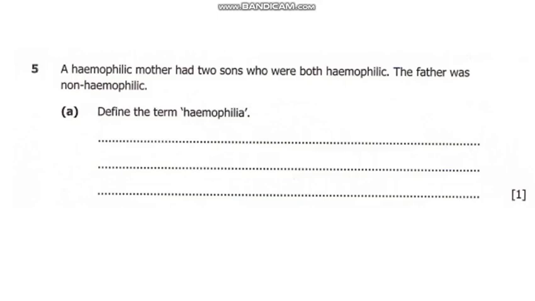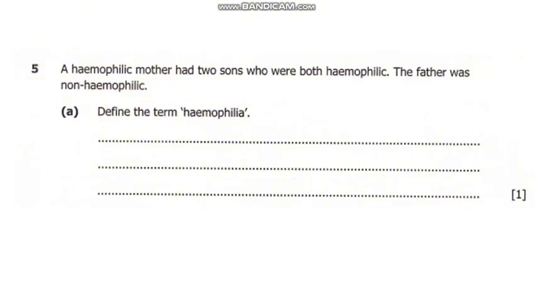Or you can say it is a genetic disease in which blood clots slowly due to absence of blood clotting proteins known as factor 8 and factor 9, leading to prolonged bleeding. So that is what we can say hemophilia is.